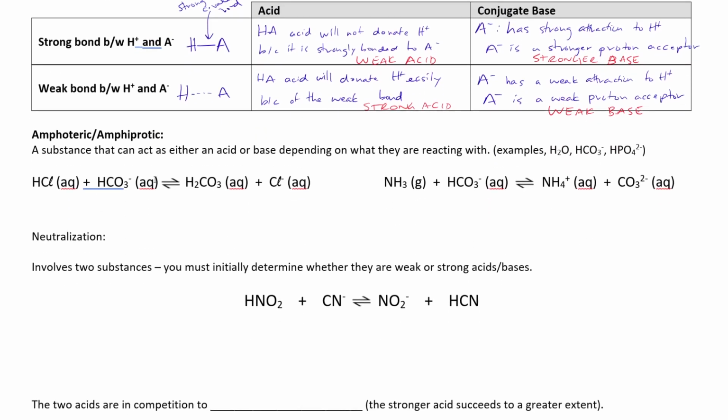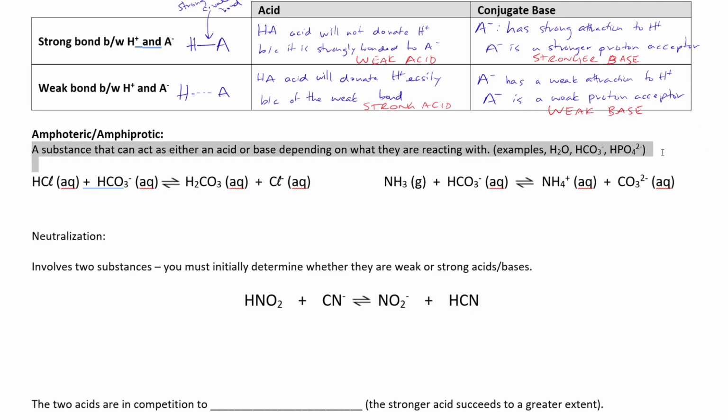An amphoteric or amphiprotic substance is a substance that can act as either an acid or a base depending on what they are reacting with. So if we take a look here, HCO3 minus is amphoteric or amphiprotic because if it reacts with hydrochloric acid, it will accept a proton to become H2CO3.